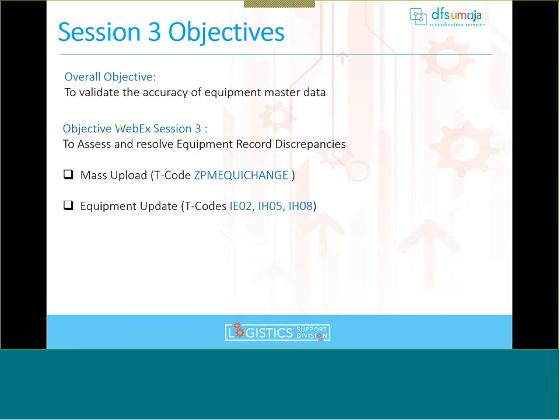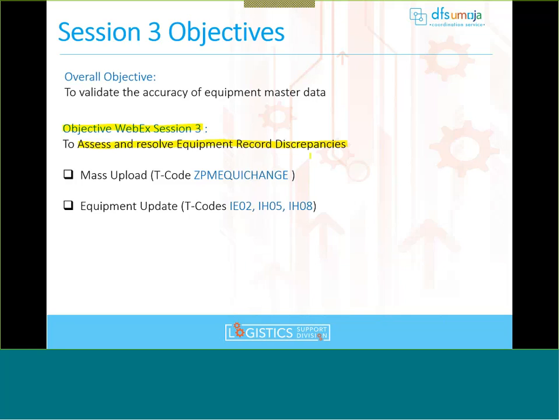So, the objective of WebEx session 3: we're going to assess and also resolve equipment record discrepancies. In this case, we are the SD11 and have already received the report on the discrepancies from the SD08. Now it's our turn to assess these discrepancies and, if necessary, resolve the equipment record discrepancies.